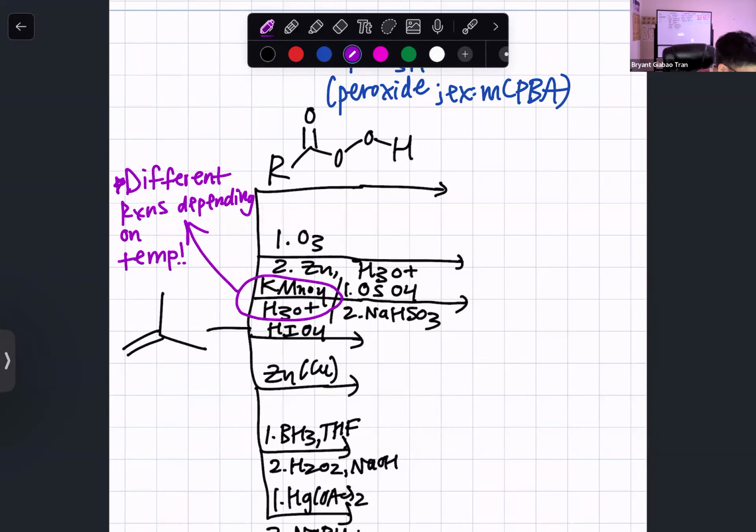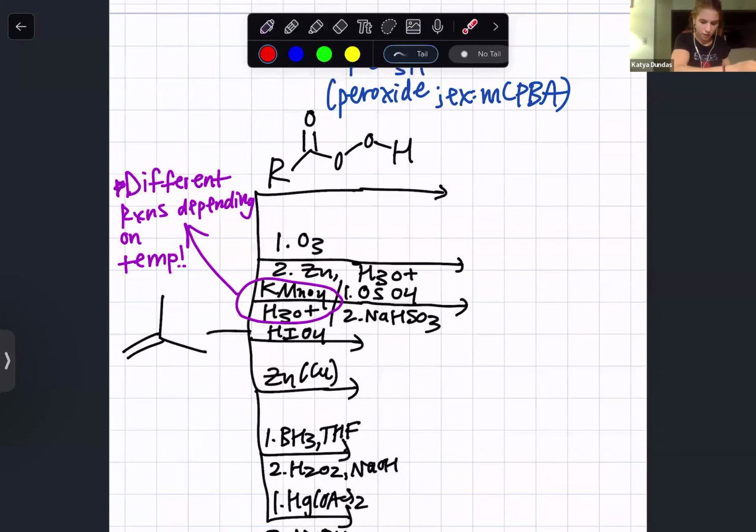So you did go over some alcohol reactions? Yes, but that was Chapter 10. So oxidation, hydration, that's not on the exam. Right. Okay. So let's go over the first one here.